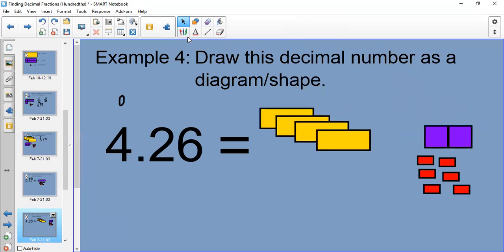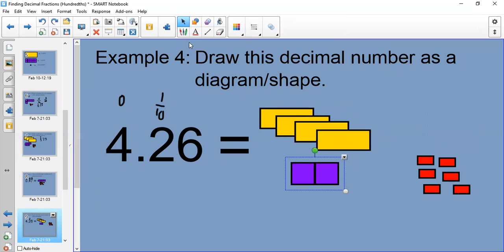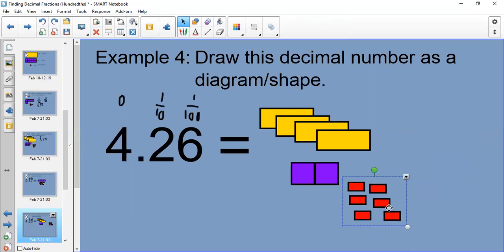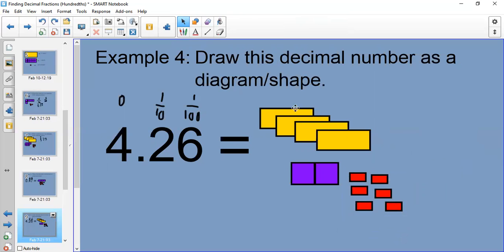I then look at my tenths column. I've got 2 tenths. So I move my 2 tenths over here. And then I look at my hundredths column and I've got 6 of those. So I need to draw my 6 little rectangles and thankfully I've got them all ready here. So 4.26: 4 wholes, 2 tenths, and 6 hundredths. And that's what that decimal looks like as a diagram or a shape.